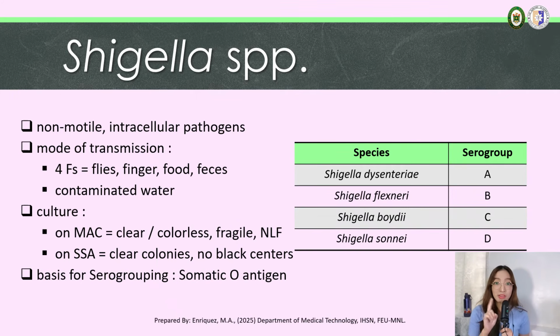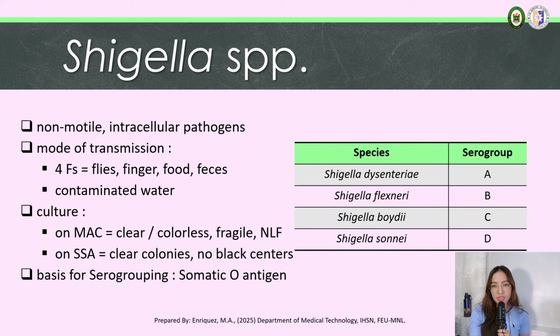Meanwhile, yung EHEC naman po, on the other hand, it produces a Shigella-like toxin. Now, on MacConkey agar, their colonies look just like any other clear non-lactose fermenting colonies. But on SSA, or the Salmonella Shigella agar, they kind of look similar to Salmonella except that they don't have black centers because negative for hydrogen sulfide production po ang Shigella species.